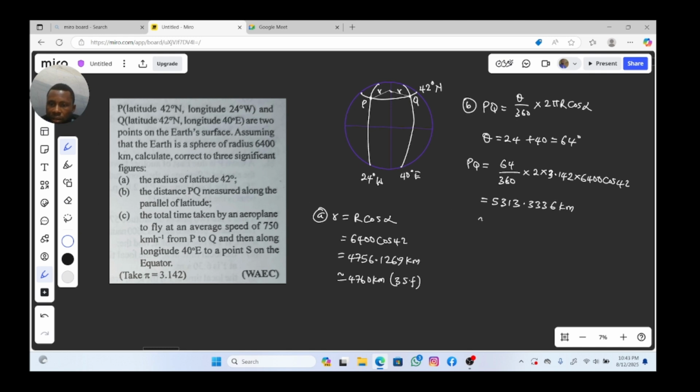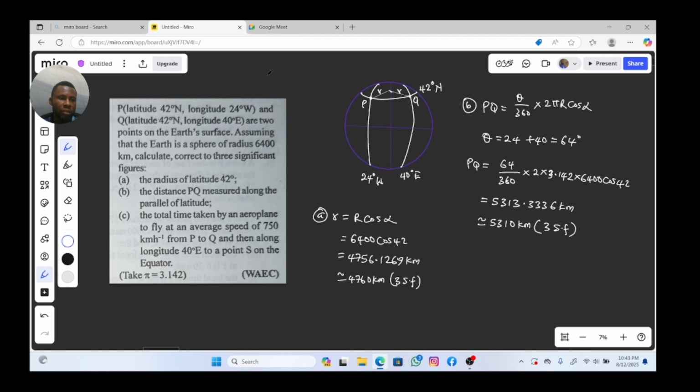So approximately to 3 significant figures, we count 1, 2, 3. So it will be 5310 kilometers. Then in bracket you write 3 SF, 3 significant figures.